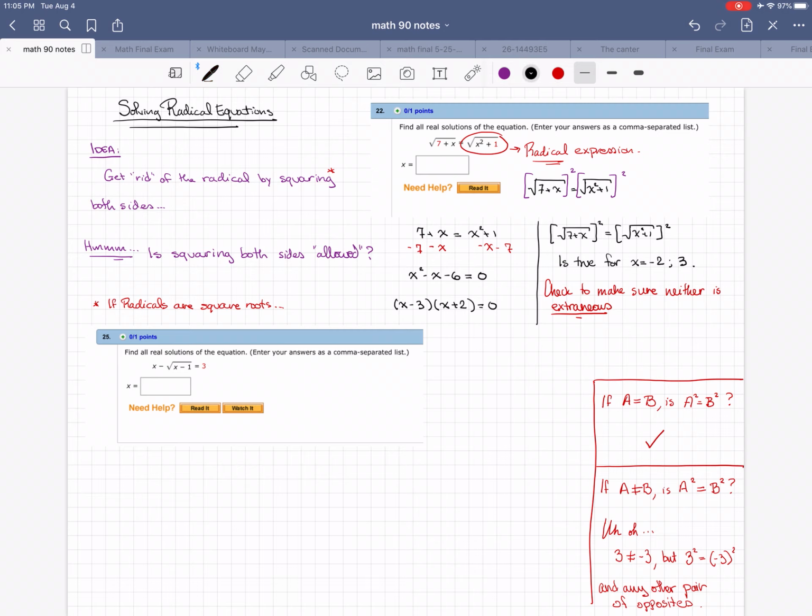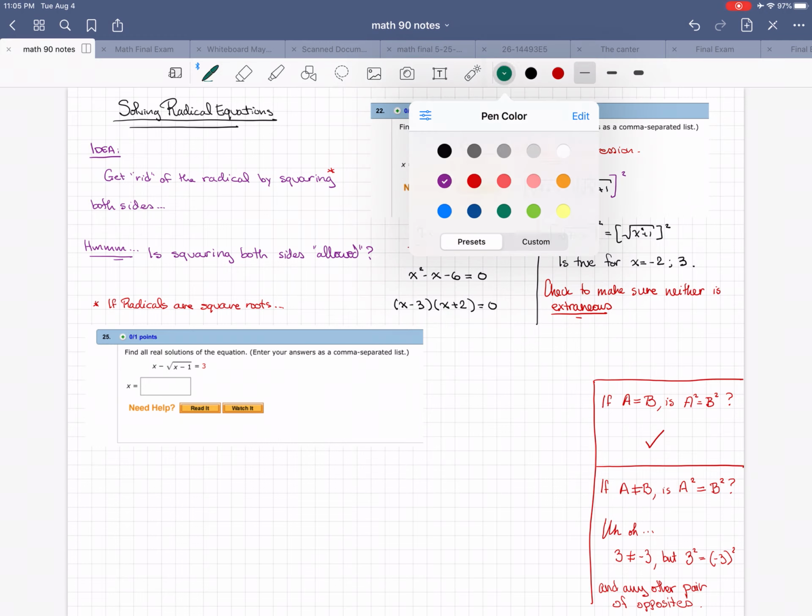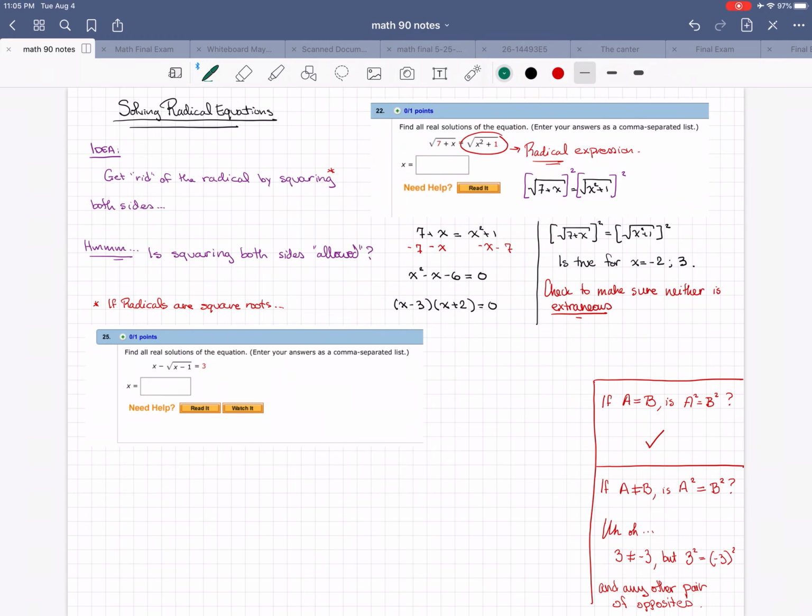All right, so here goes. We'll do this in green in the hopes that they both work. So checking, let's do negative 2 first. So on the left, we have the square root of 7 plus negative 2. On the right we have, and I'm checking to see if they're equal, the square root of negative 2 squared plus 1.